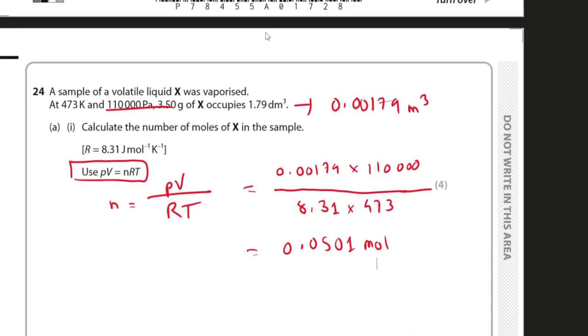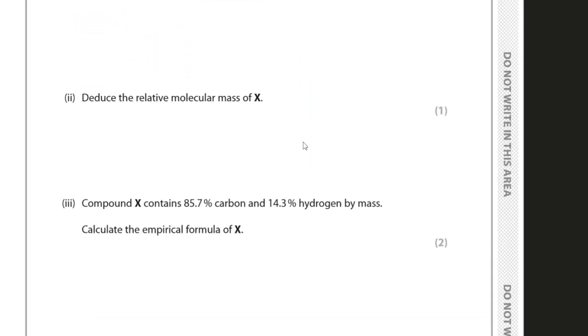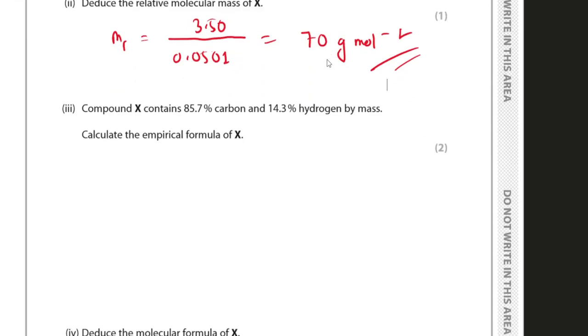Now you can clearly see that the mass is provided, and you also know the moles. The relative molecular mass is pretty simple, which is Mr is equal to 3.50 divided by 0.0501, that would be 70 gram per mole. That would be the relative molecular mass of X.